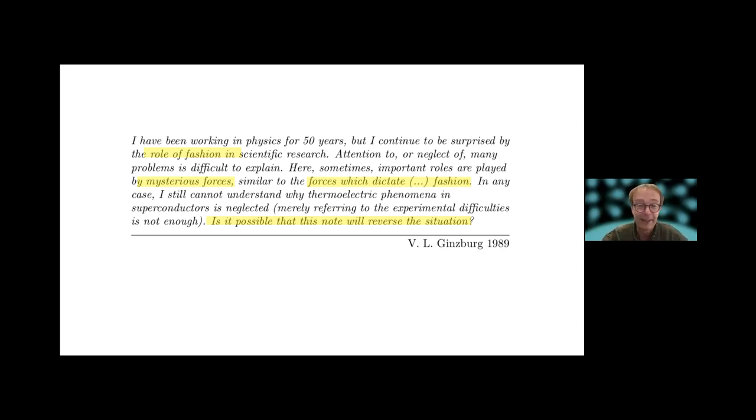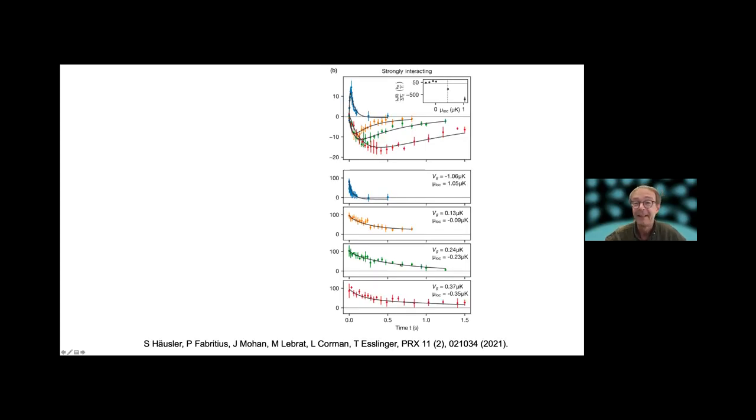Okay, so we address that issue by changing to a strongly interacting system. And what we see here now is again the same type of curve: here the particle response, here the thermal response, again for different channel depths. We see now that for a deep channel, we can reverse the thermoelectric current.